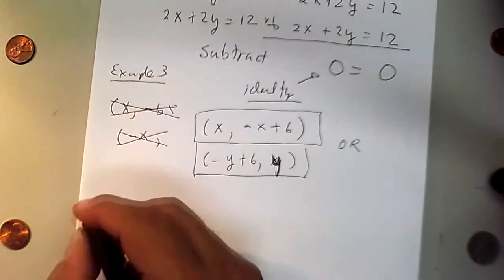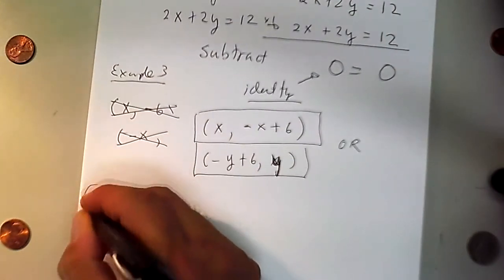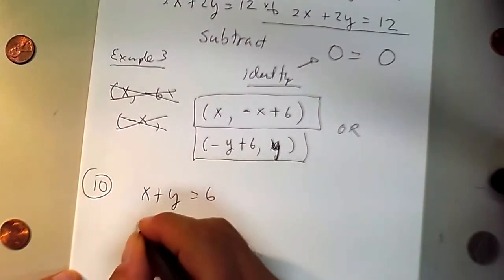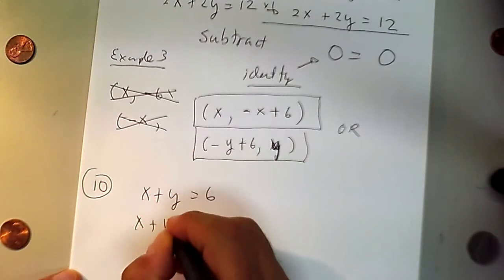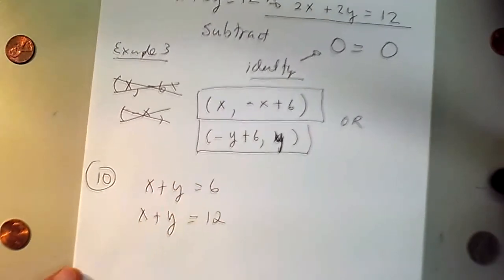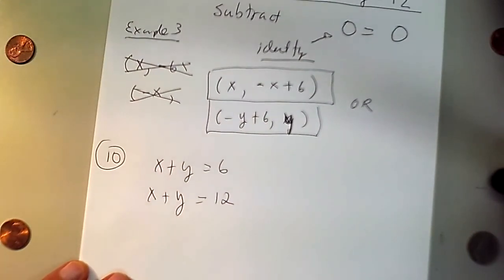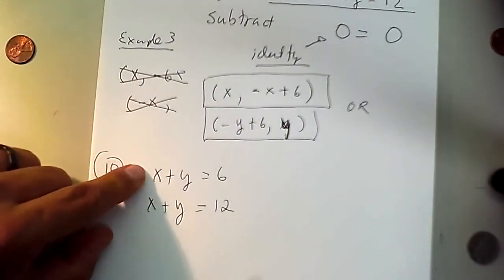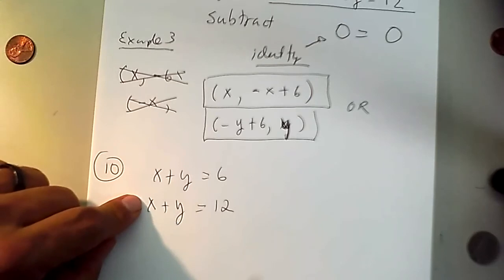Okay, 10. x plus y equals 6. x plus y equals 12. Okay, they already have the same x, the same coefficients, 1 and 1.